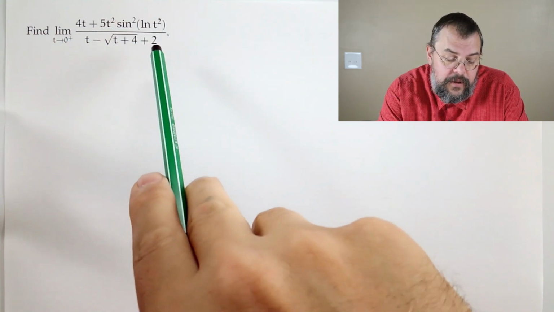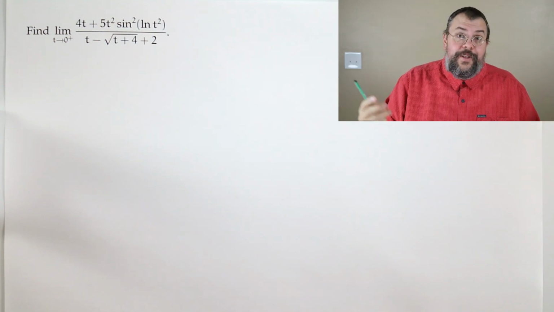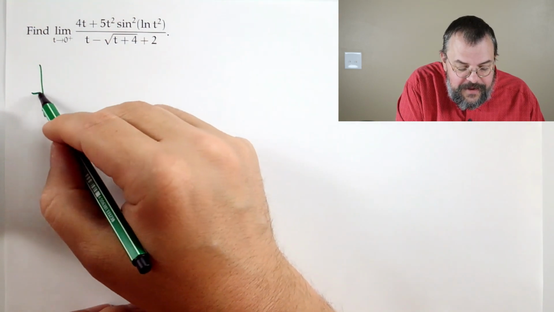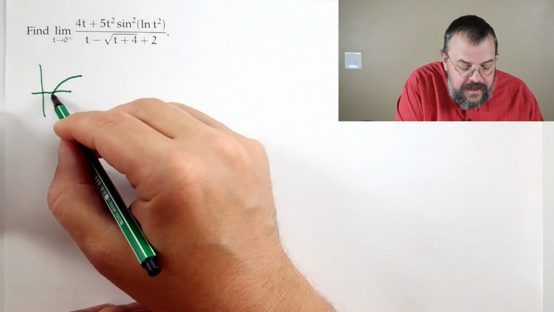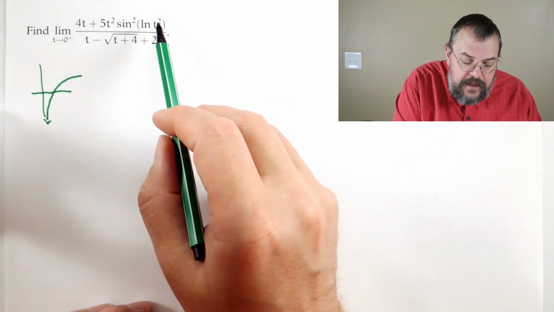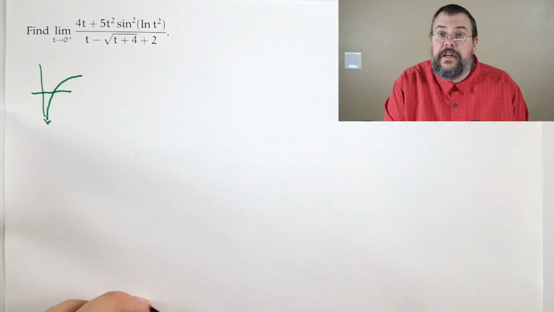Well, think about the log function. If you know the log function, and of course, who doesn't know the log function? What a silly question. But if you think about the log function, what's happening is it does this. As you get close to 0, and the t squared is getting close to 0, it's heading off towards minus infinity.